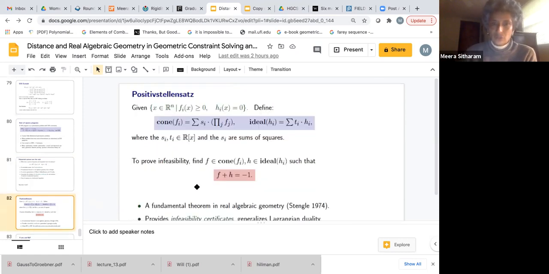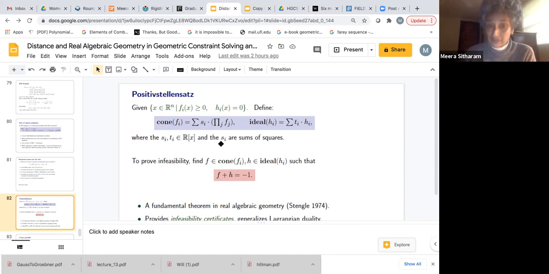Okay, so the Positivstellensatz simply says that, given this polynomial system where you're looking to find whether there are real solutions, you define the cone of the f_i as the sum over s_i times the products of these polynomials, and the ideal of the h_i as the sum over t_i times the h_i, where in particular the multiplying polynomials s_i are sums of squares.